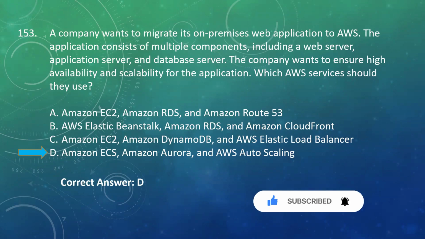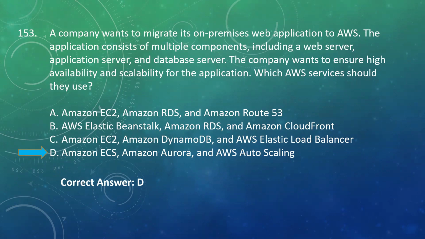Now, the next service, Amazon Aurora, can be used as a managed database service for high availability and scalability. And the third option, which is part of option D, is AWS auto scaling, which can be utilized to automatically scale the application based on predefined conditions, making option D a correct choice in this case.